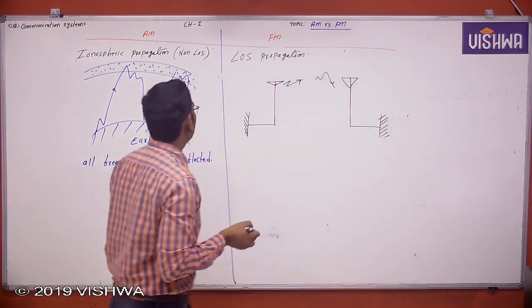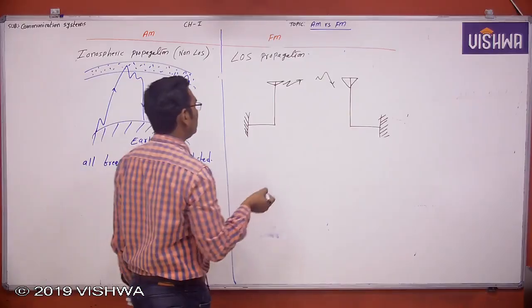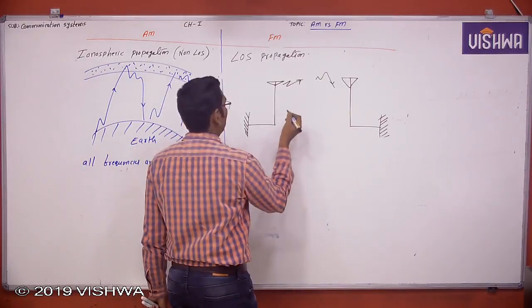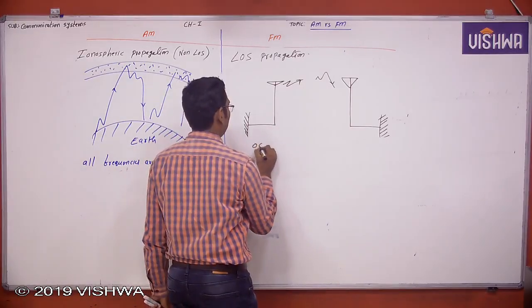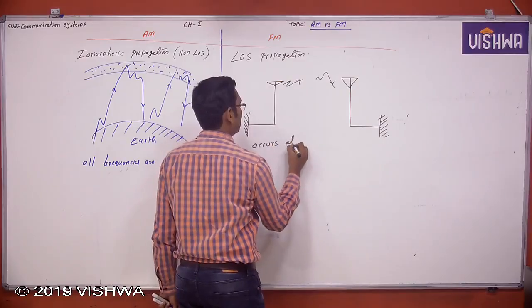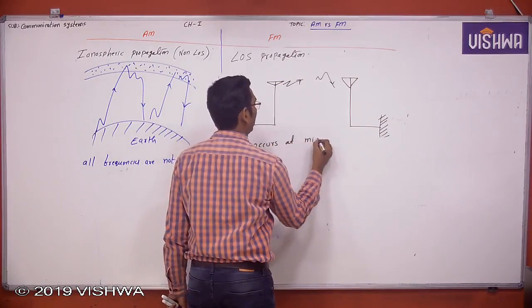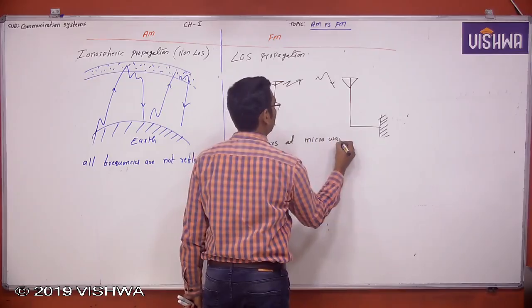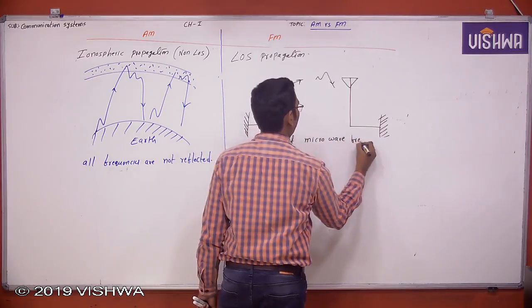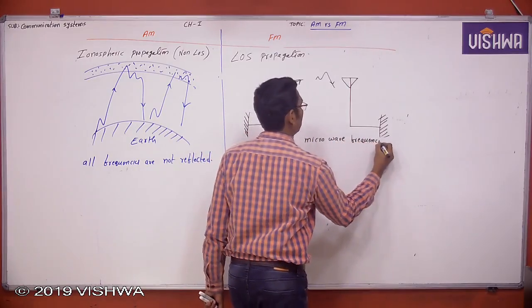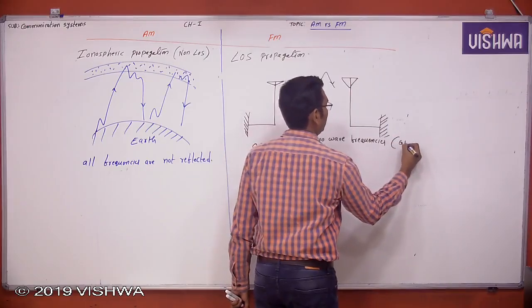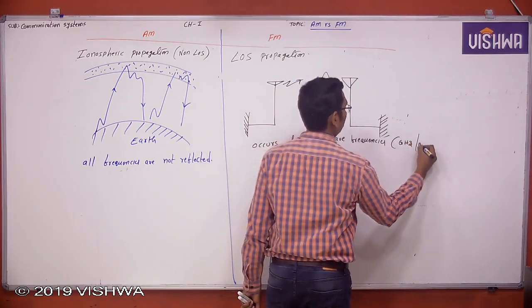Now this is line of sight propagation. This occurs at microwave frequencies or high frequencies, in the gigahertz or megahertz range.